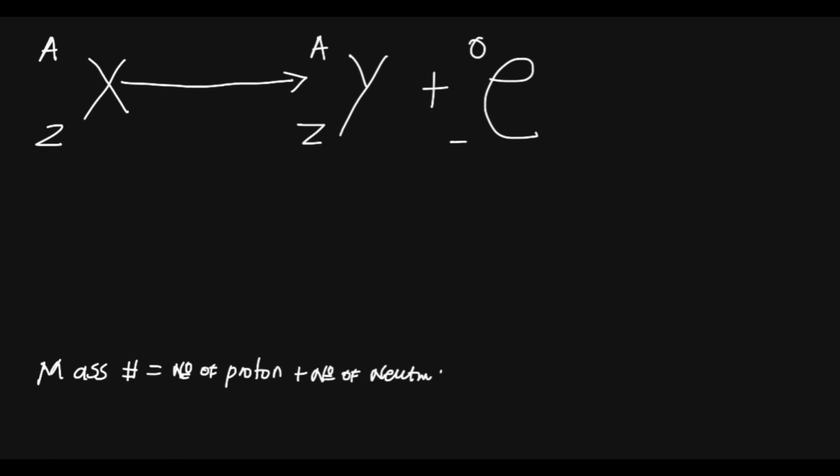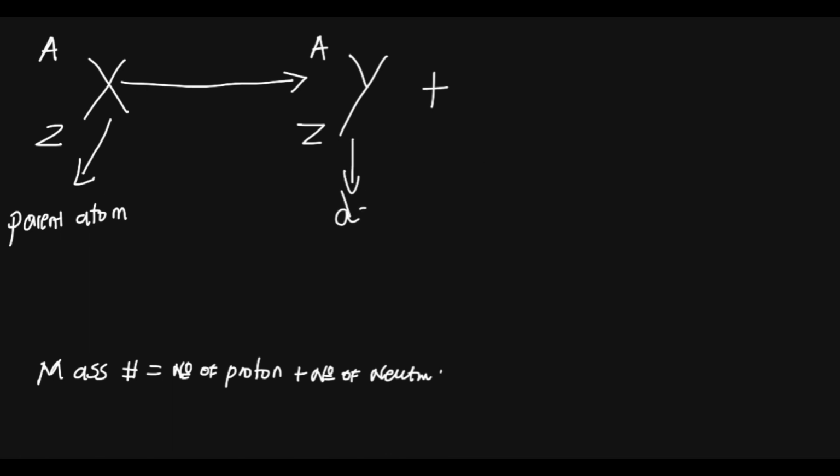Now, after we know the basics of this radiation, the first atom here is known as the parent atom, because it is the atom that underwent the process of radioactive decay. Then the one produced is known as a daughter atom or nuclide.